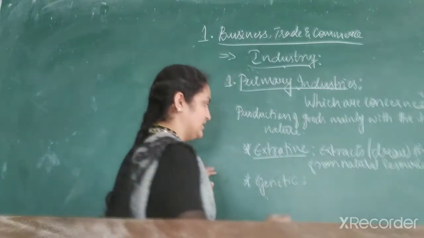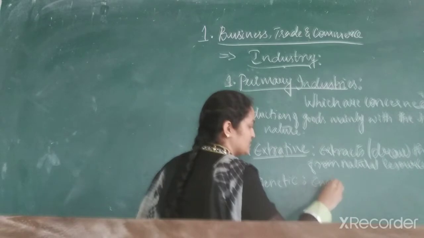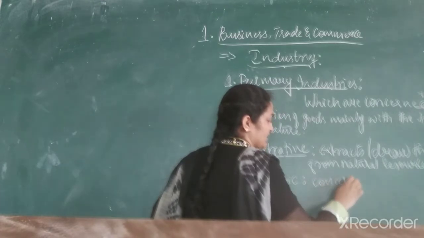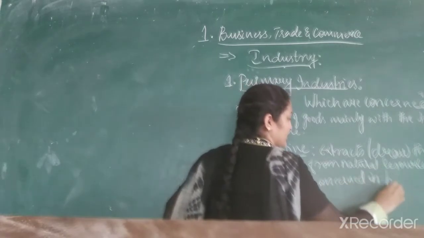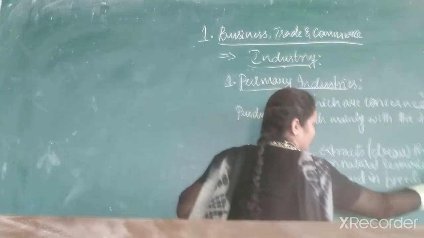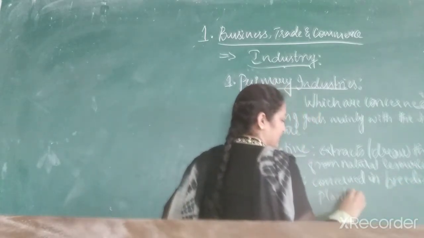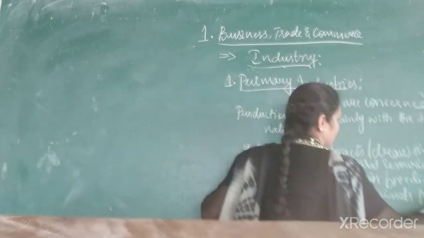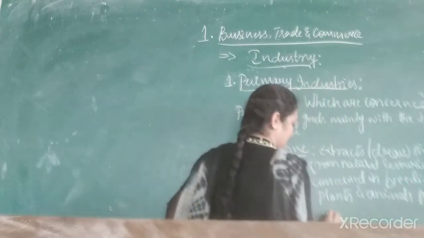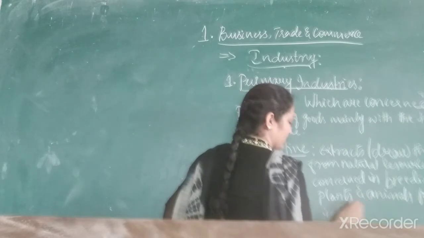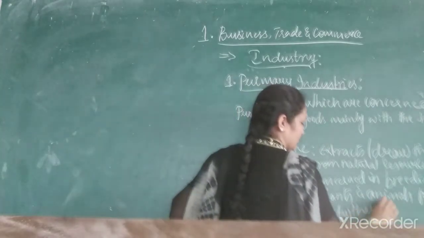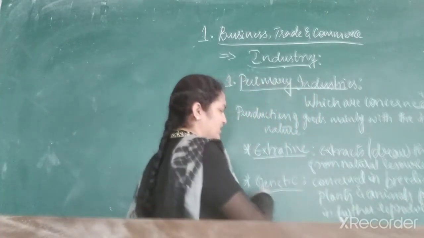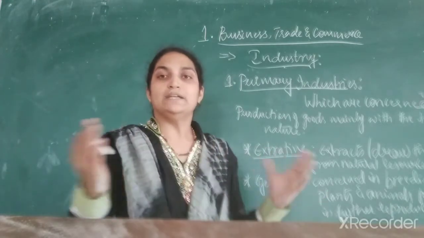That is called genetic industries. So genetic, you already know, genetic means what? We are going to multiply the plants.